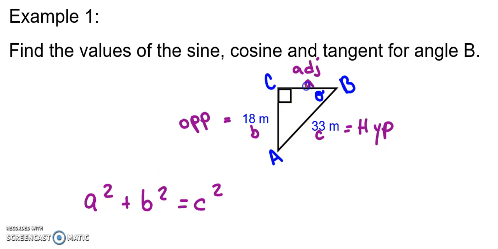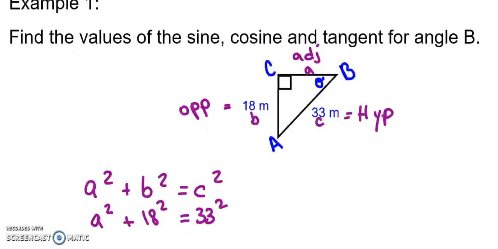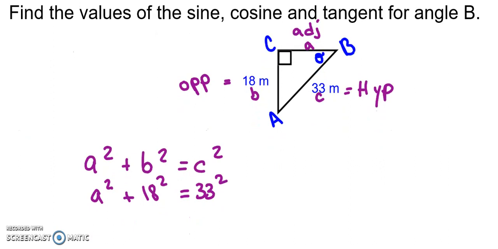So here we should be able to figure out what the missing side A is by using the Pythagorean theorem. So A is what we're still trying to find, so we don't know that one. A squared plus 18 squared equals 33 squared. So we have that part. With this, I want you to go ahead and finish this up here.